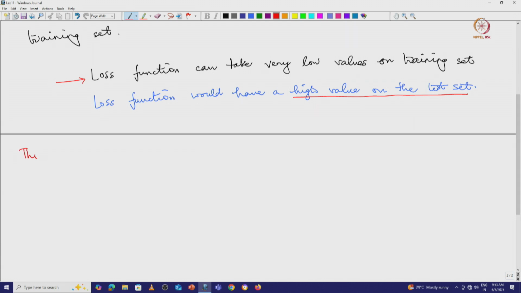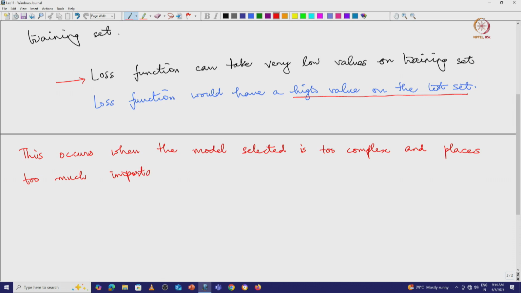This occurs when the model selected is too complex and places undue importance on a certain set of features. This means that the model has too many parameters, for example.